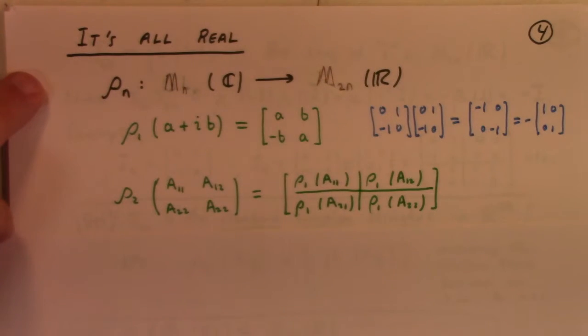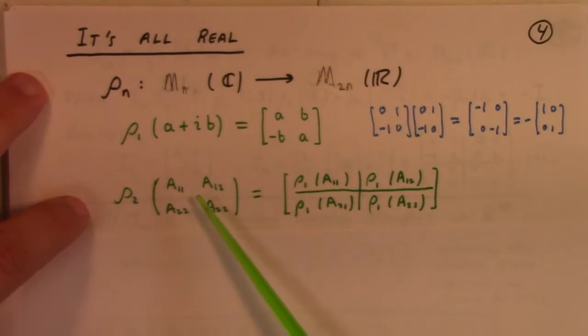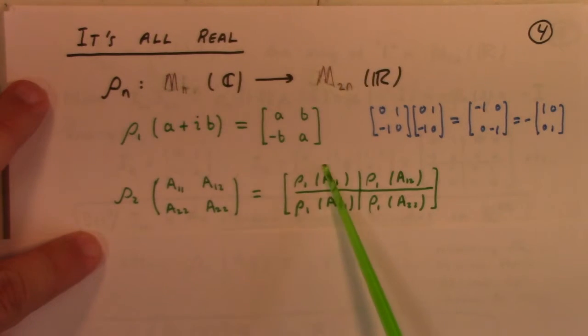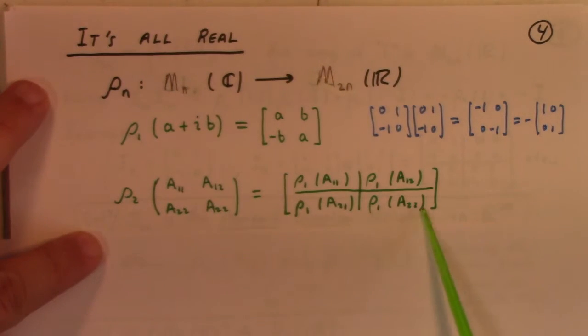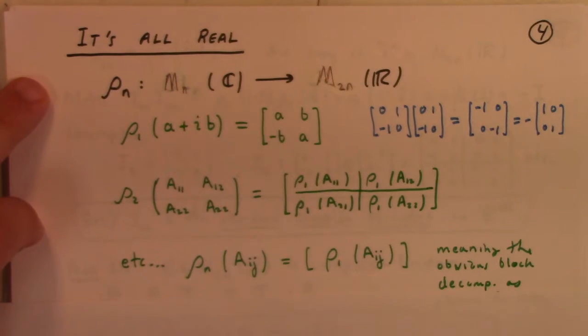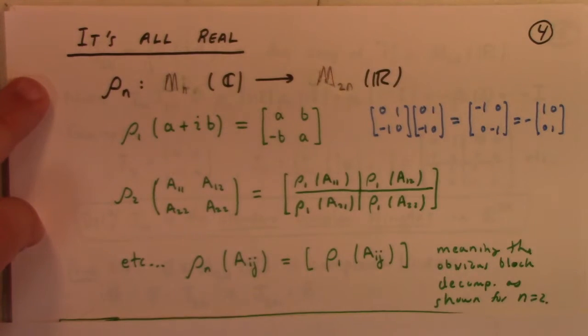Now, if you had a bigger complex matrix, like a 2 by 2 complex matrix, then you just take each complex number and swap it out for the corresponding 2 by 2 real matrix. You do it element by element to construct this block matrix formed by these 2 by 2 blocks.